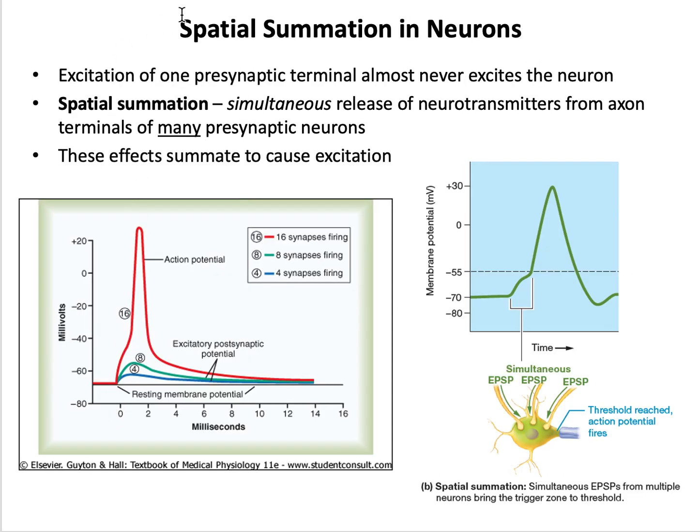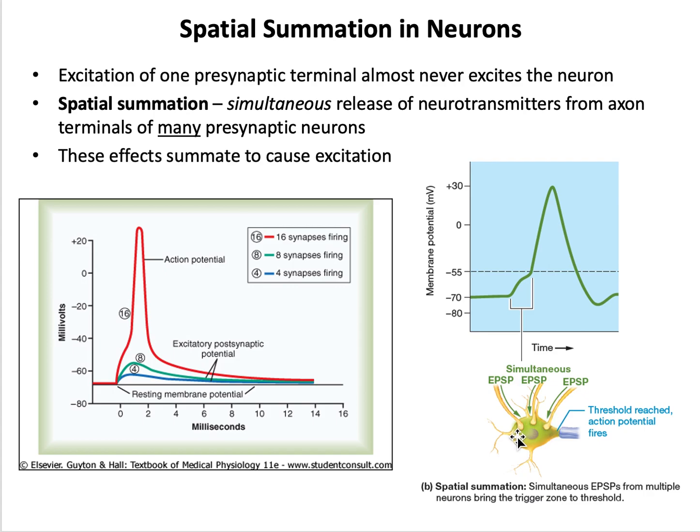So let's talk about spatial summation first, all right? So here, in this little diagram down here, we have the cell body of our postsynaptic neuron, and it's making synapses with 3 different presynaptic neurons, all right?